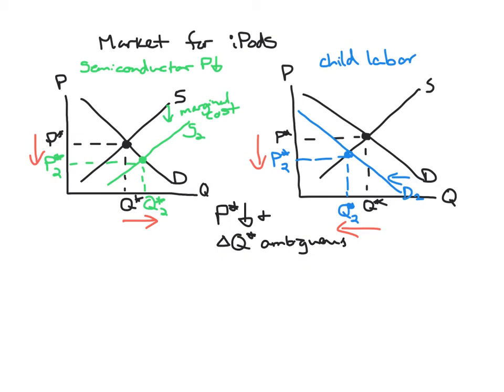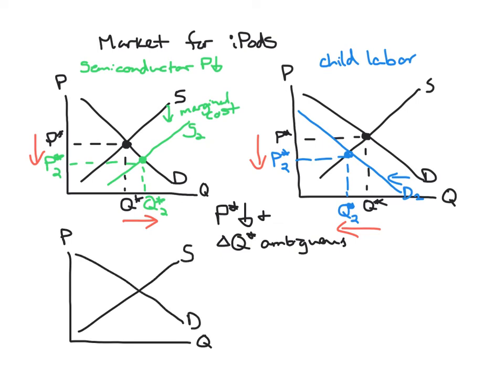Now, importantly, note that we analyze these changes separately because if we had analyzed them on one graph, which we can do, the outcome might be misleading or not obvious. So let's start out at our original Q star, P star.